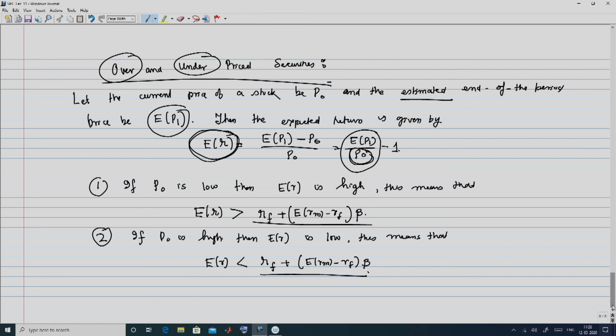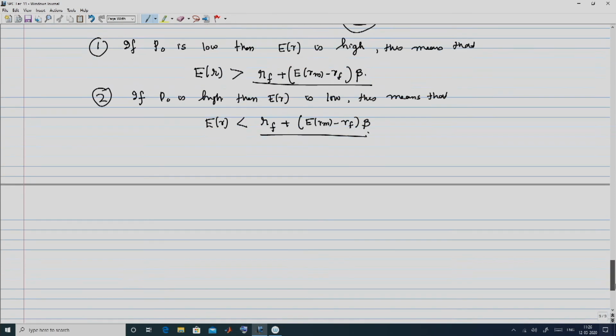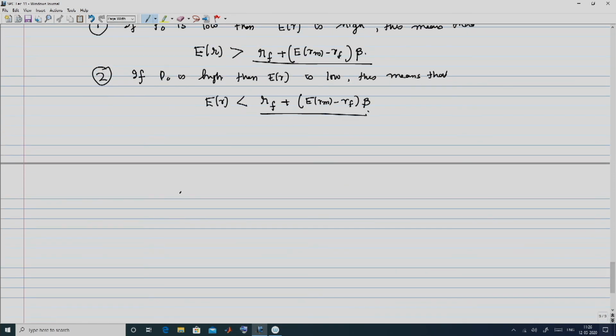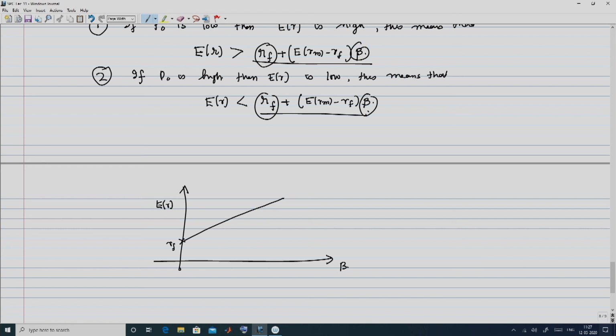Okay. So, what does this mean graphically? Graphically I can represent this as, so if I look at the expected return against beta, and this is my RF. So, this is a straight line. Remember that this is a straight line with intercept RF and slope, with the variable beta as the x axis, and E of r as the y axis.